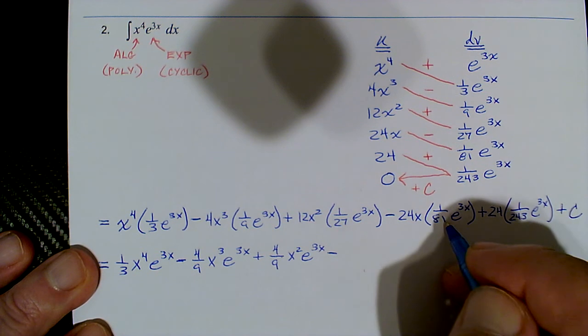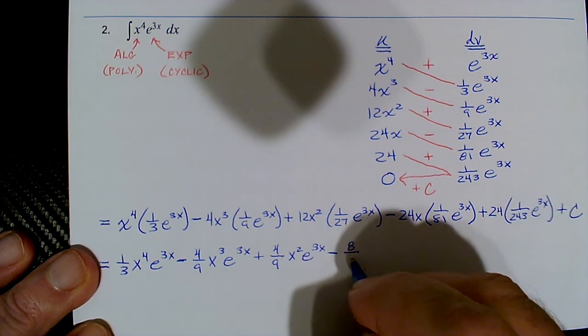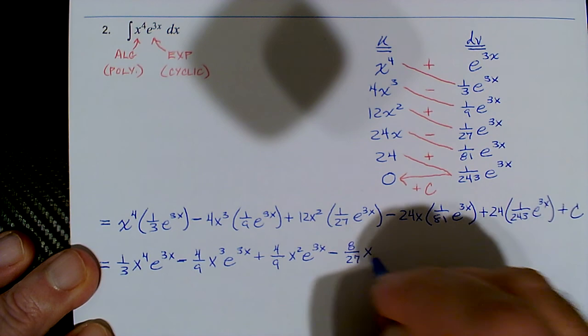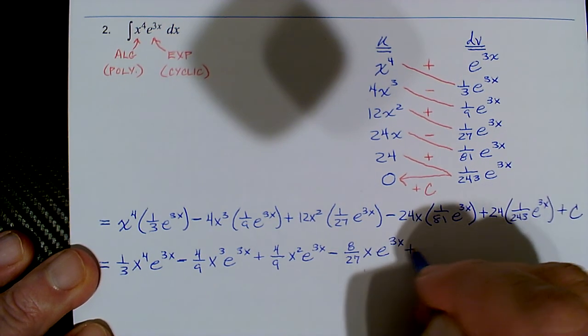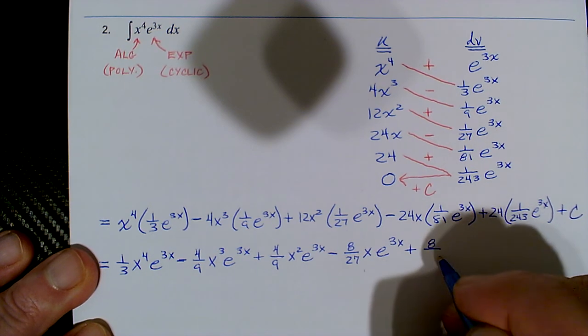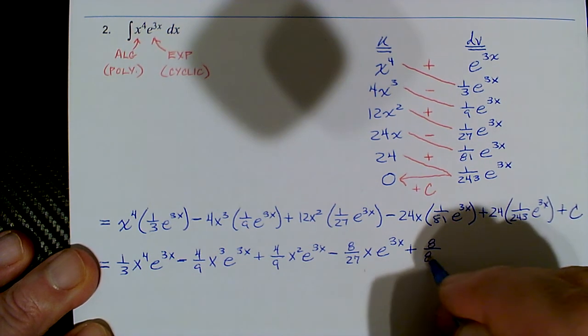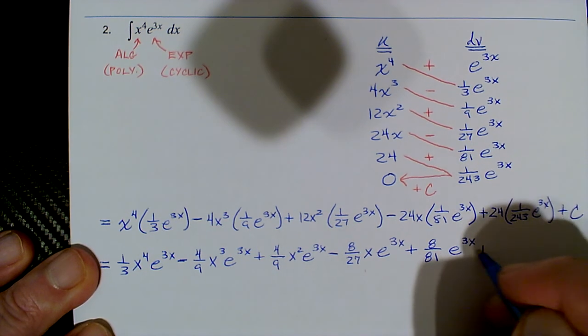Negative, 3 is a factor here as well, that'd be 8/27 x e to the 3x. And then finally plus, again, 3 is a factor, goes into 24 8 times, into 243 81 times, 8/81 e to the 3x, and then plus a constant.